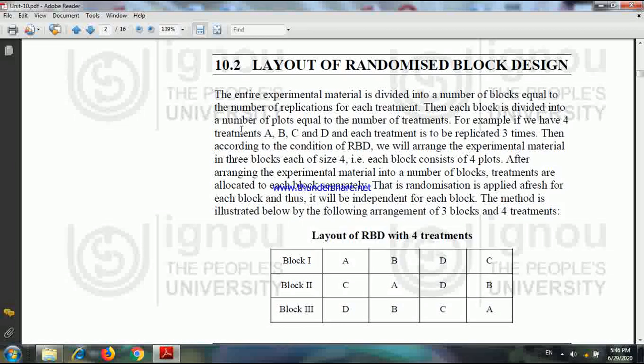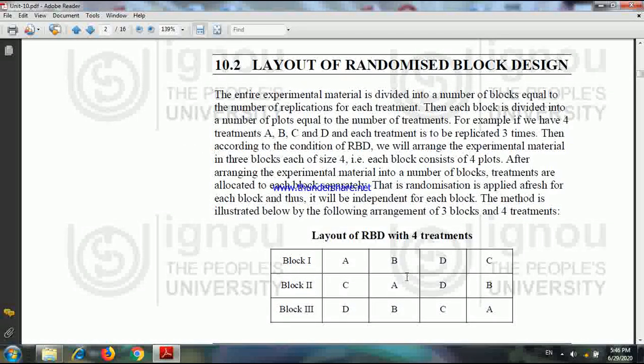So if there is any fertility gradient, the simple method of controlling the variability of the experimental material consists in stratifying or grouping the whole area into homogeneous blocks.